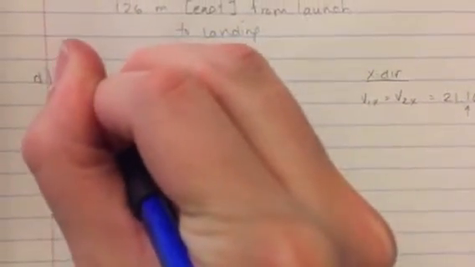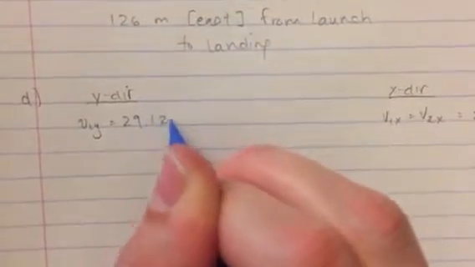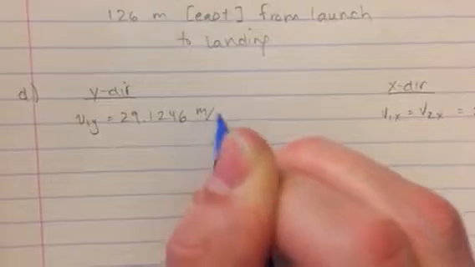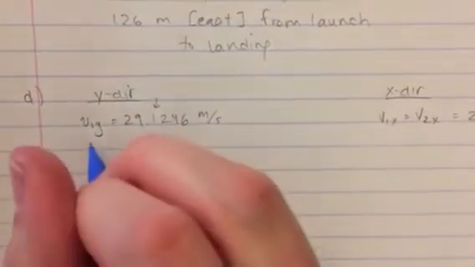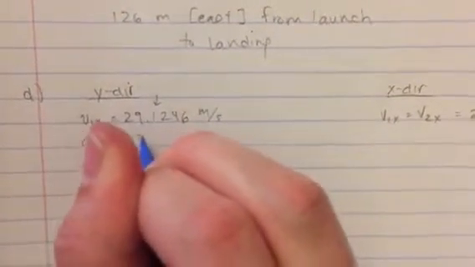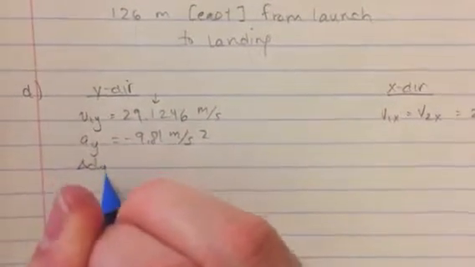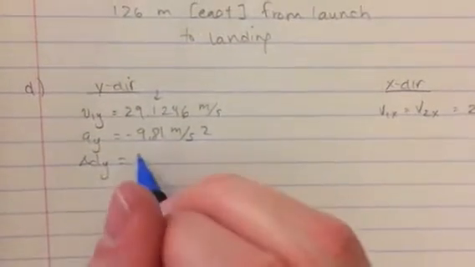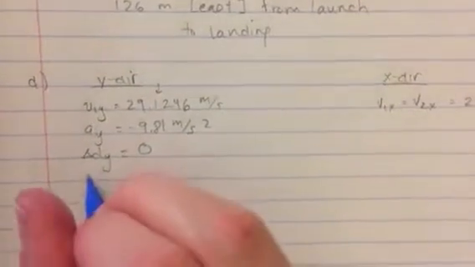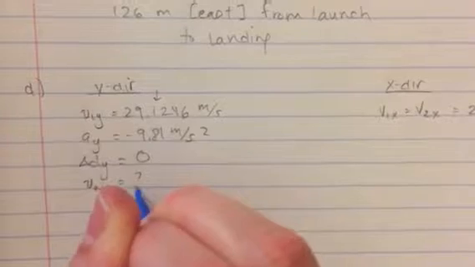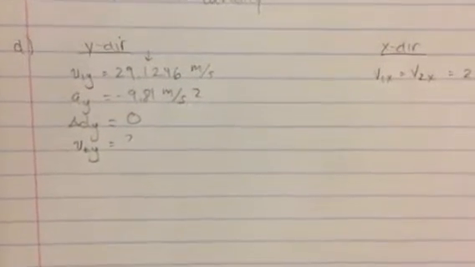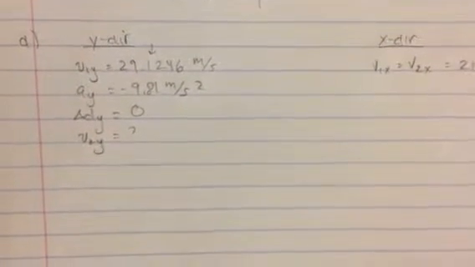In the y direction, we know the initial velocity of the ball, 29.1246 meters per second. We know the acceleration due to gravity, 9.81 meters per second squared down. From launch to landing, we know that the displacement in the vertical direction is 0.